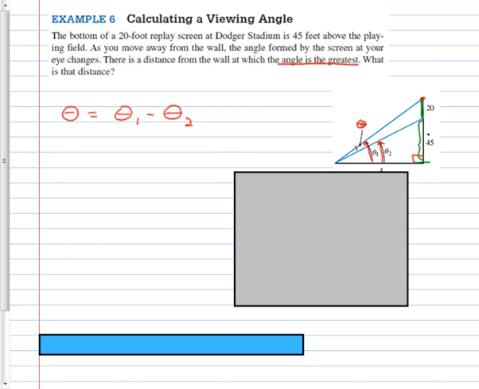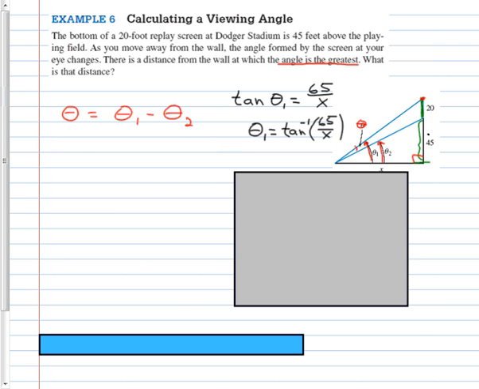Well, let me write to the side first. I know the tangent of angle 1 is going to be opposite, which would be 65, over adjacent, x. There's my x distance. So remember, if I'm trying to find angle 1, I take the inverse tangent of 65 over x.